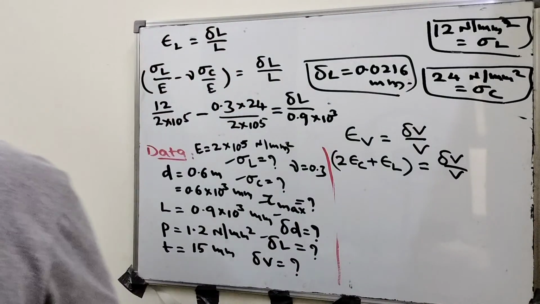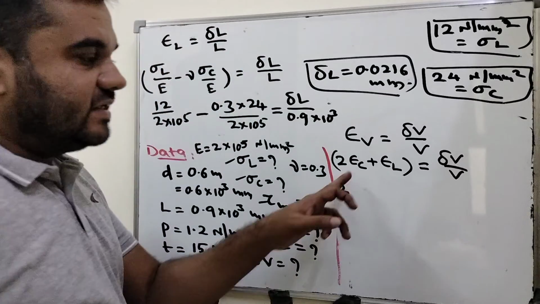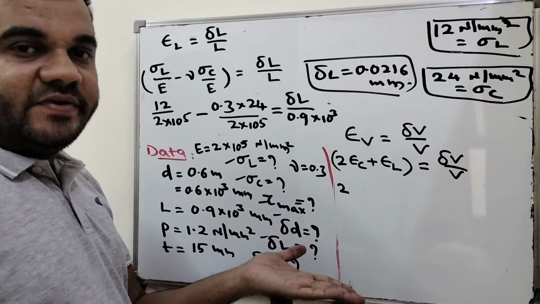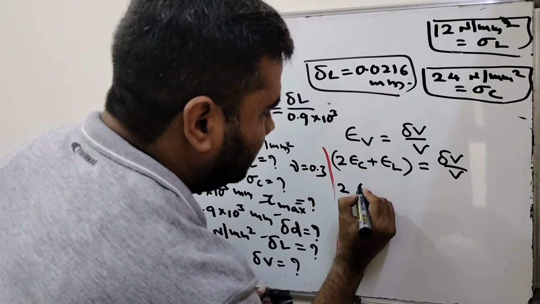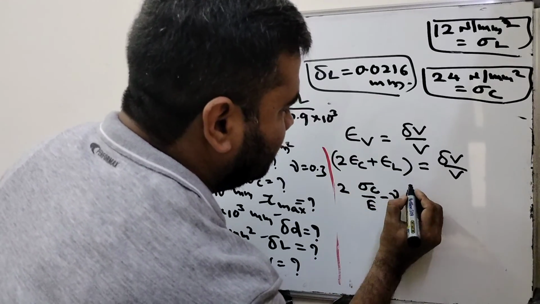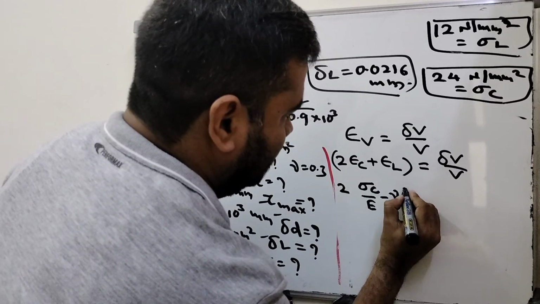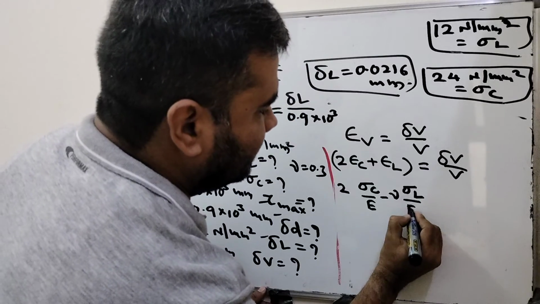Now substitute. So how will it go here? That is 2 times the circumferential strain. Circumferential strain in terms of stress is circumferential stress divided by E minus nu into longitudinal stress divided by E, right?